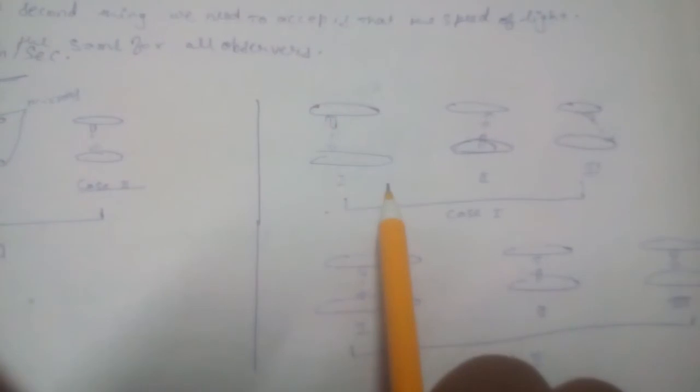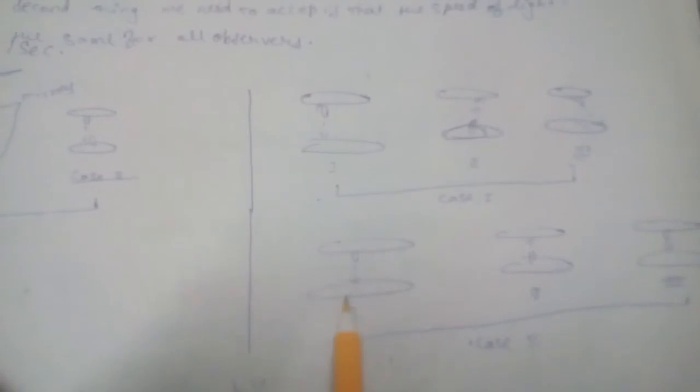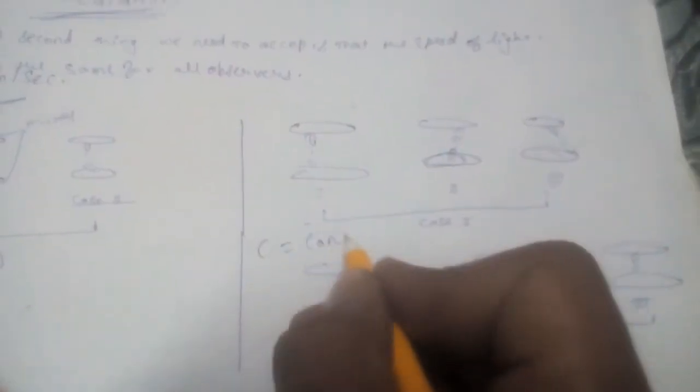We can see in the moving set of mirrors that the beam of light is traveling a greater distance, but in case 2 the speed of light is constant. We denote this constant as c.